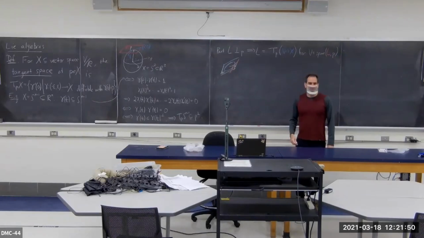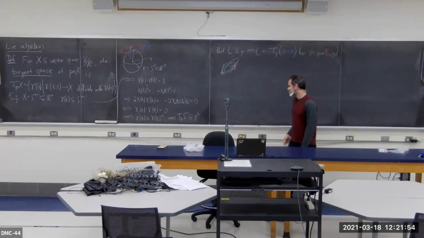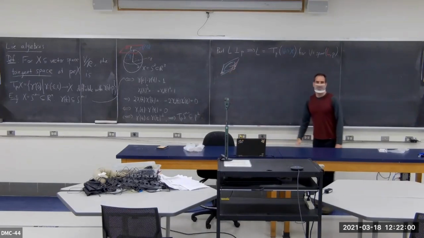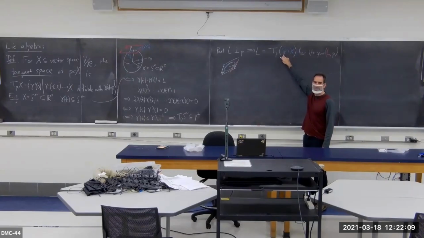Up to scale, there's only one such non-zero vector, and we can realize it by taking any differentiable parameterization of the circle. So this essentially reduces to a one-dimensional or two-dimensional calculation, however you want to view it. It's two-dimensional if you think of V, and one-dimensional if you think of V intersect X, which is a circle.